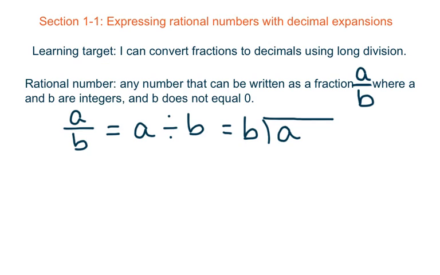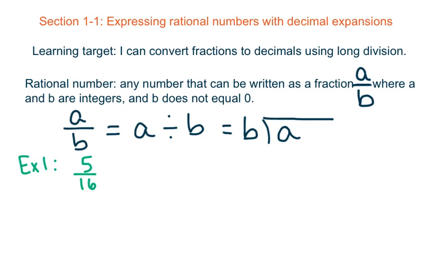In order to be successful with this topic, we need to know our multiplication facts. So if you are struggling with multiplication facts, make sure that you do some fact cards, some index cards of your multiplication facts. Let's start with an example, 5/16.